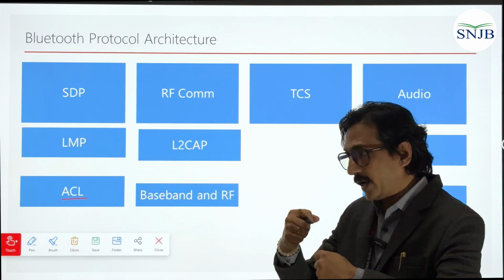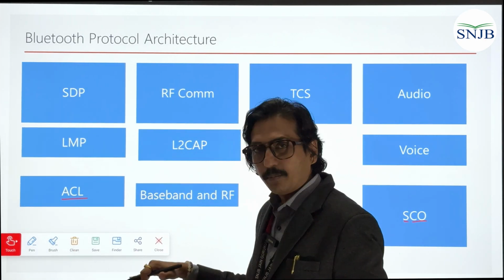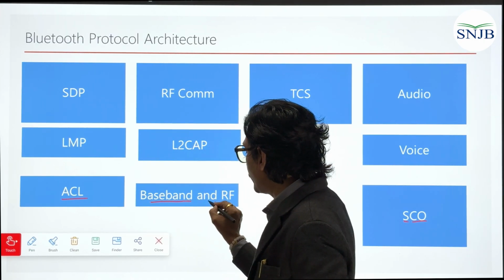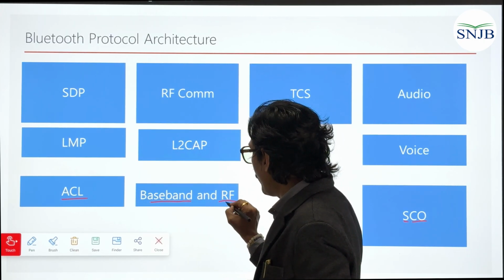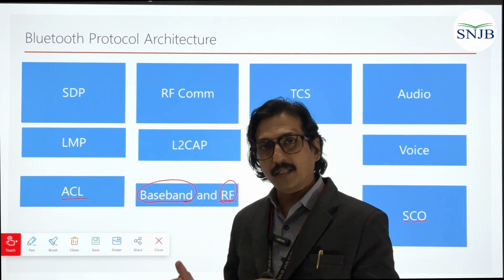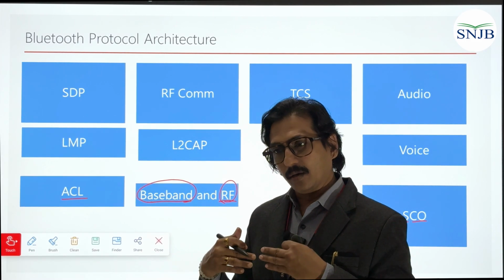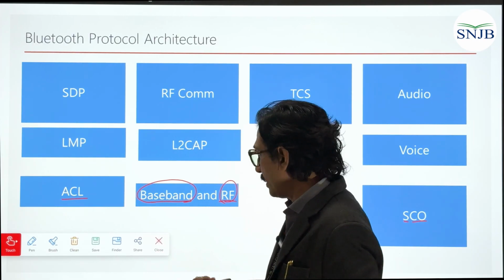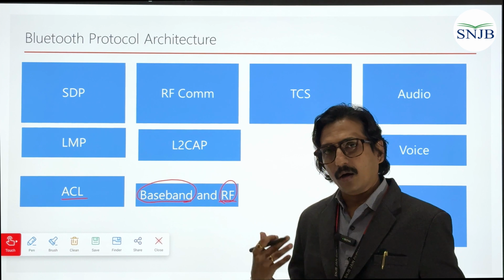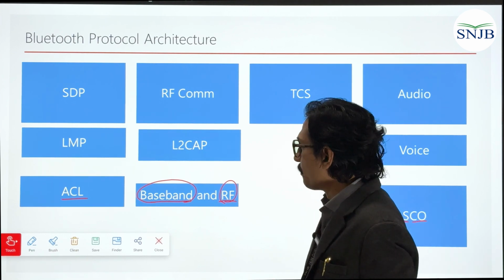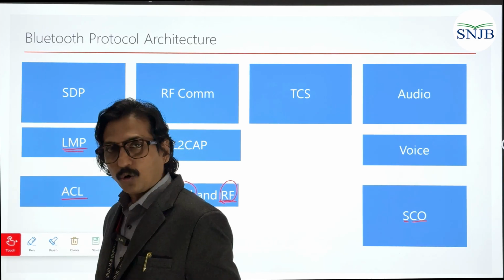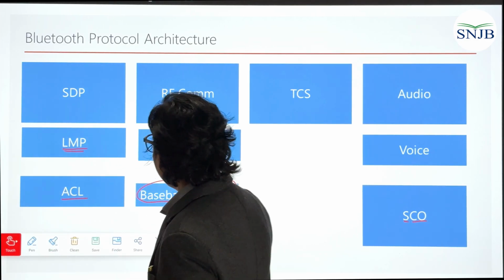The bottom layer sends our signal through radio frequencies or baseband, meaning instead of modulating the signal, you can directly send the digital signal, or modulate it using quadrature amplitude modulation or quadrature phase shift keying. Then there is the link management protocol for establishing the link.